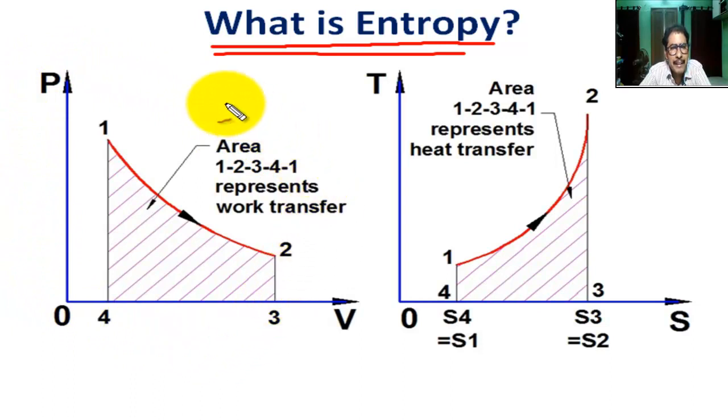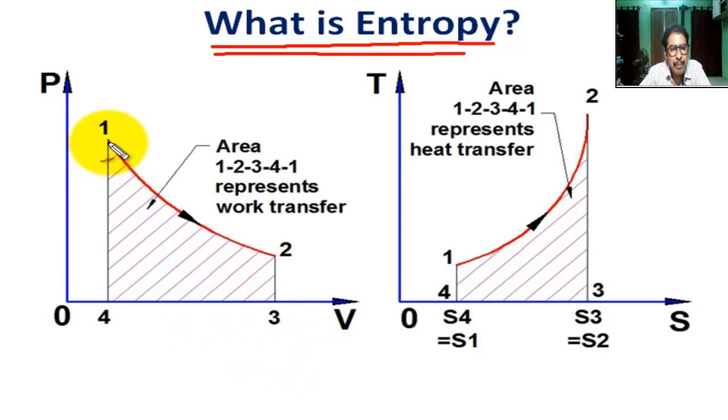In this figure, the x-axis denotes volume V, the y-axis denotes pressure P. 1-2 is a process. This is the PV diagram.